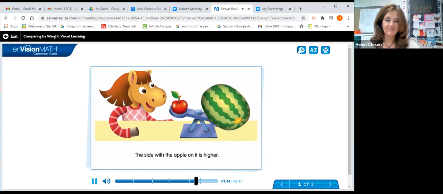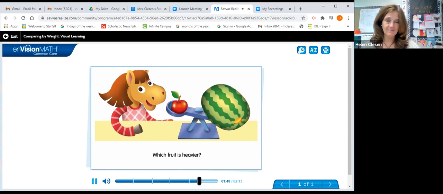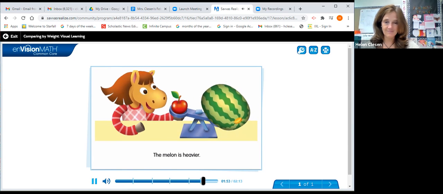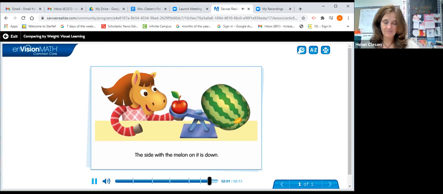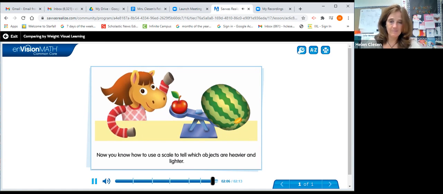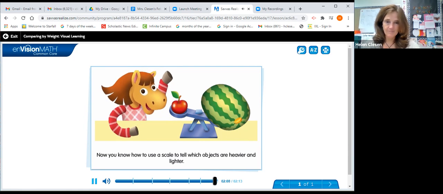The side with the apple on it is higher. Which fruit is heavier? The melon is heavier. How do you know the melon is heavier? The side with the melon on it is down. Now you know how to use a scale to tell which objects are heavier and lighter.